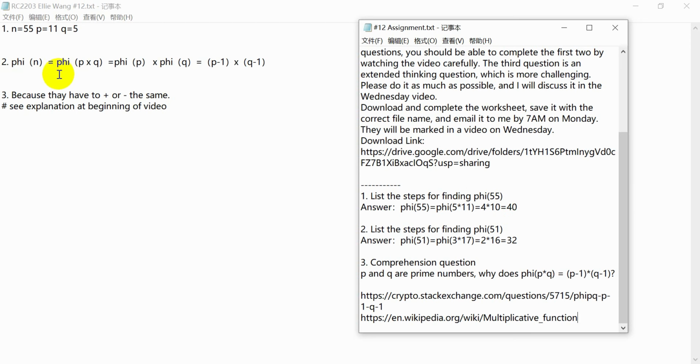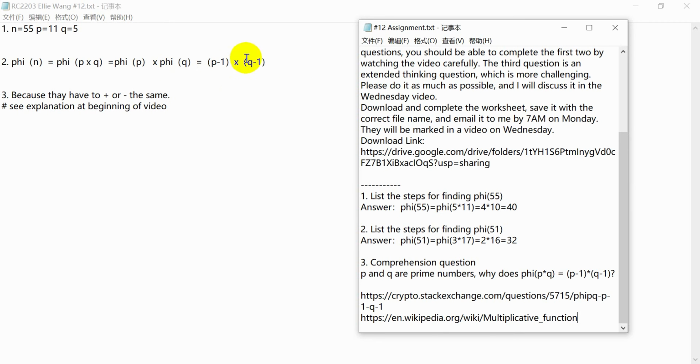For number 2, this is the right formula. So you need to plug in the numbers. So it asks for 51, so you do n equals 51, and then p equals 3, q equals 17, which equals 3 times 17, which equals 2 times 16, which equals 32.